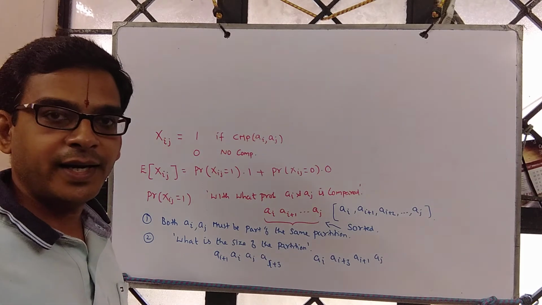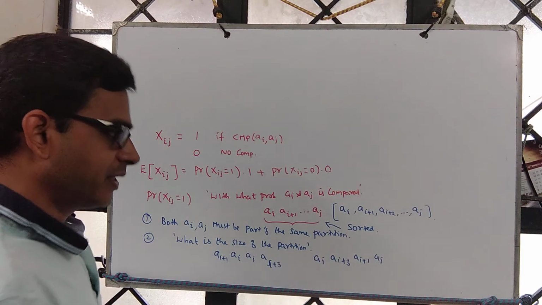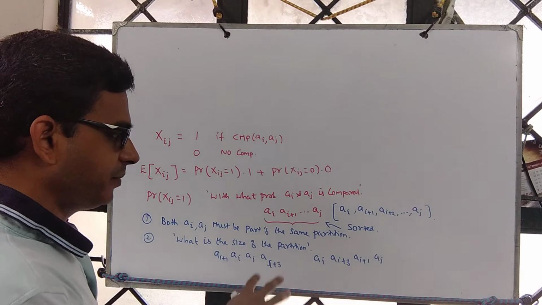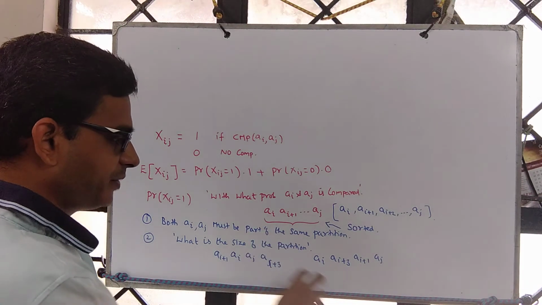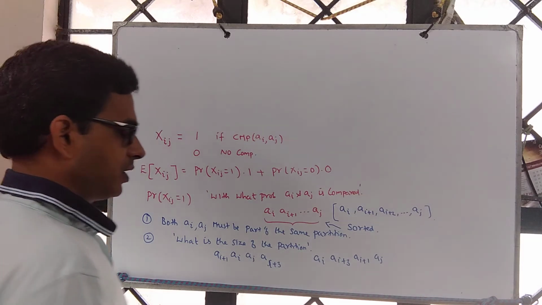We know AI and AJ are part of the same partition. That much we know. But there are other elements, right? So just to estimate them, I am doing this. Fine.